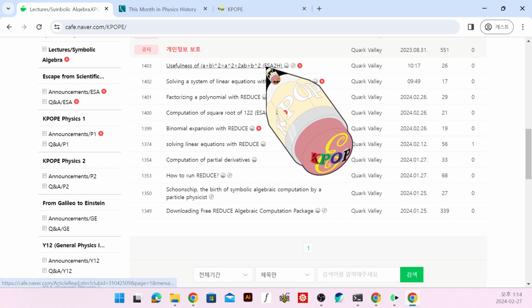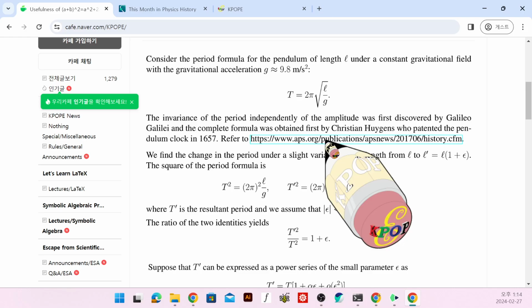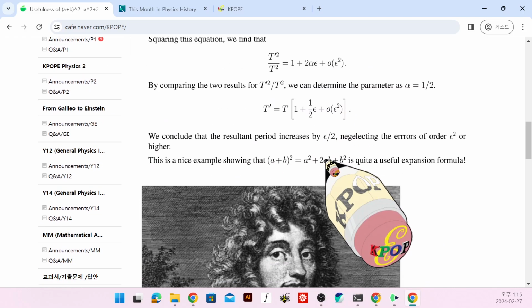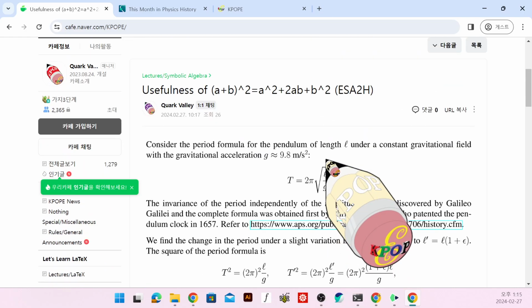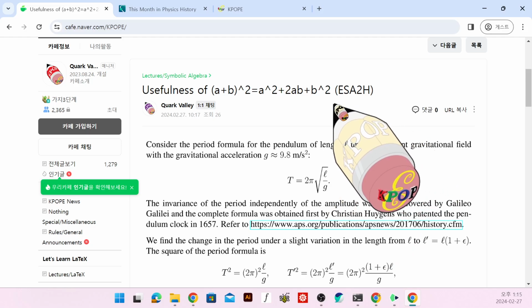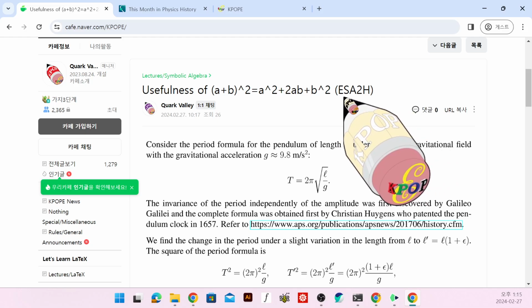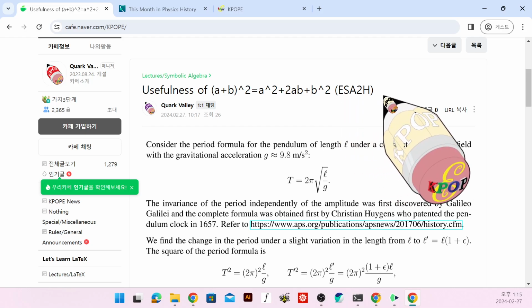This one is related to the material that appears in the ESA2H. From the next class on, I will indicate it as ESA3H, something like that.